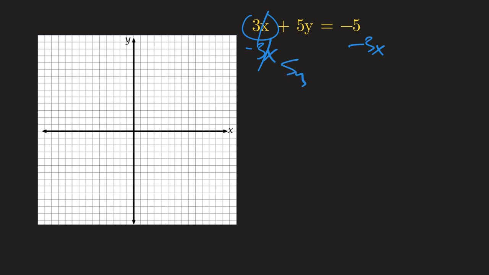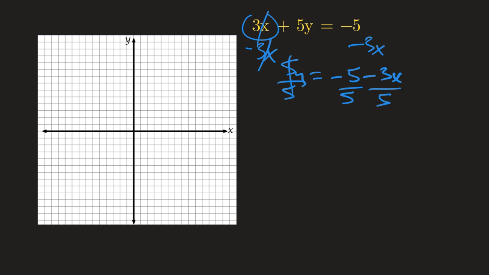You are left with 5y. On the right side, remember, we cannot combine those two things. Those are unlike terms. So negative 5 minus 3x. How do we get rid of the 5? Divide everything by 5.